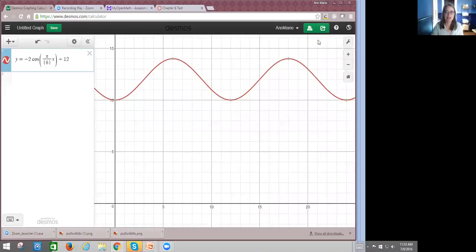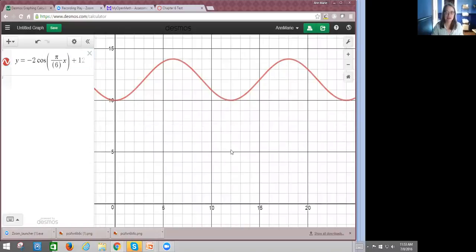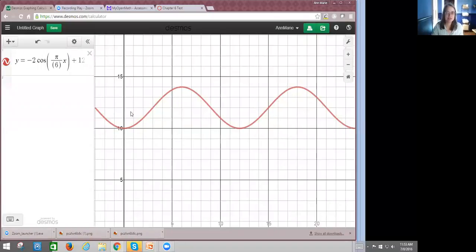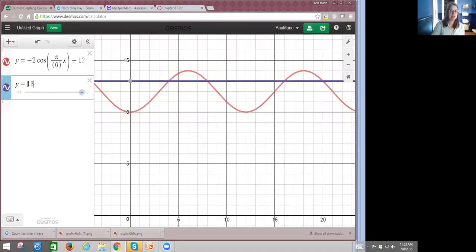System projector mode, so you can see more easily. Okay, so we oscillate between 10 and 14, and we repeat. So this is January, December would be out here at 12. So yes, we're good. Now let's look at what we care about: how many months the hours of daylight are greater than 13.